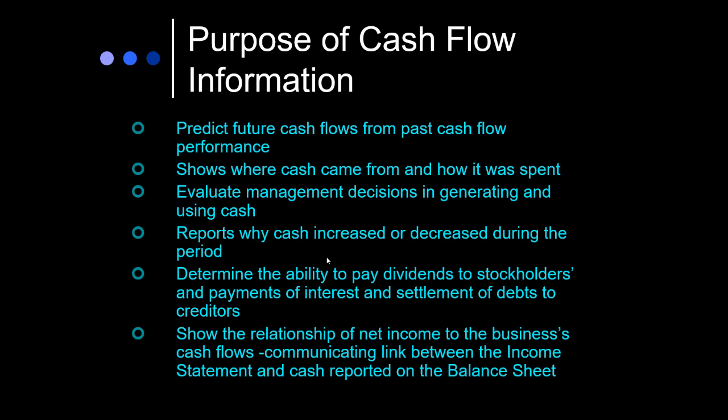It can show the relationship of net income with the business cash flow. So you can see the net income relationship with cash flow when you prepare the operating section using the indirect method.